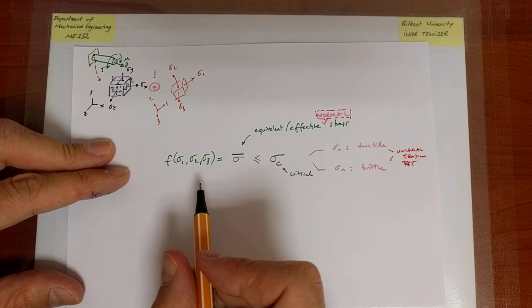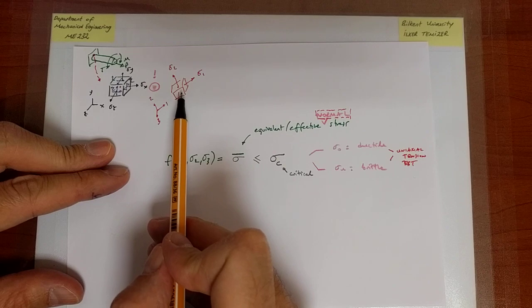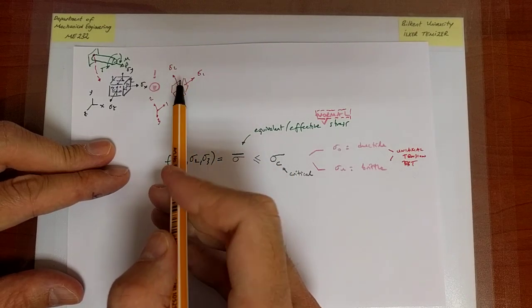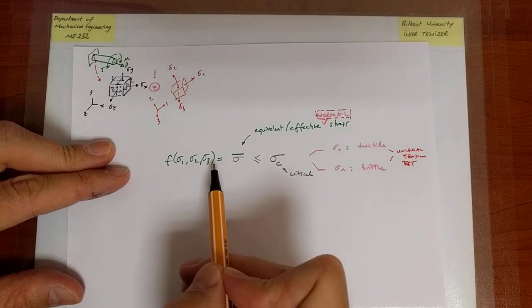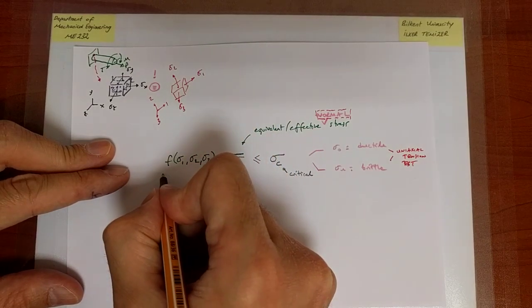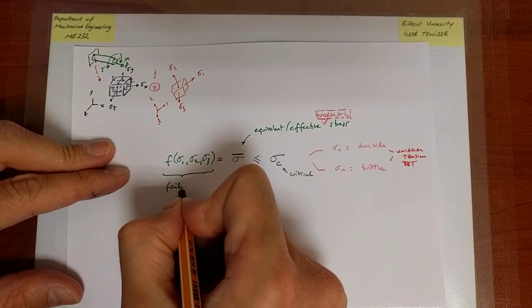Okay, so original state of stress, we convert it to the principal picture. Now there are 3 normal stresses only appearing in that picture. We put them into a function, a criterion. So this is going to be our criterion for failure, so F for failure if you like.